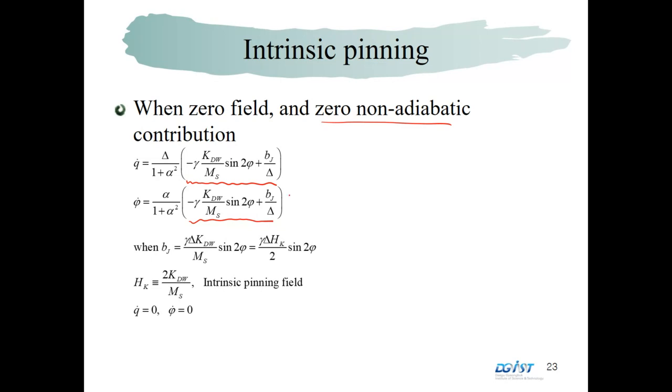That means when theta is 0, theta dot is 0, and q dot is also 0. There is no domain motion anymore when they satisfy this relation. That's what we call the intrinsic pinning effect.